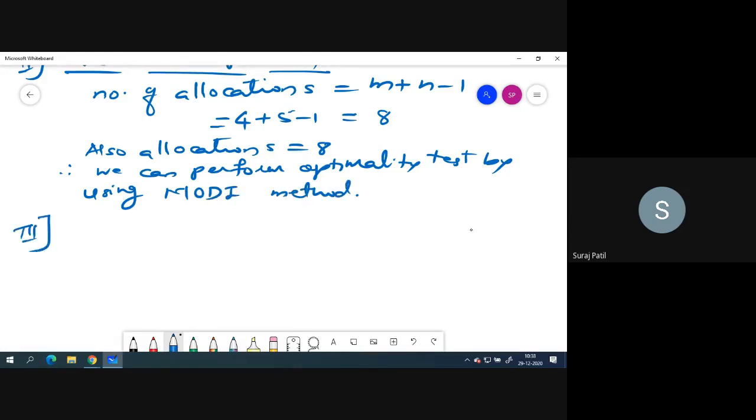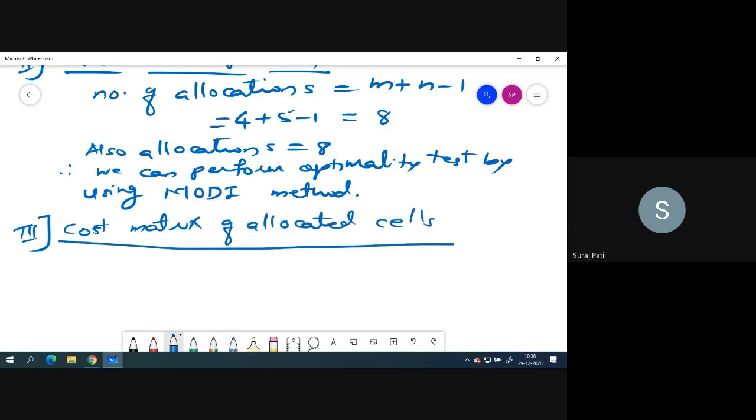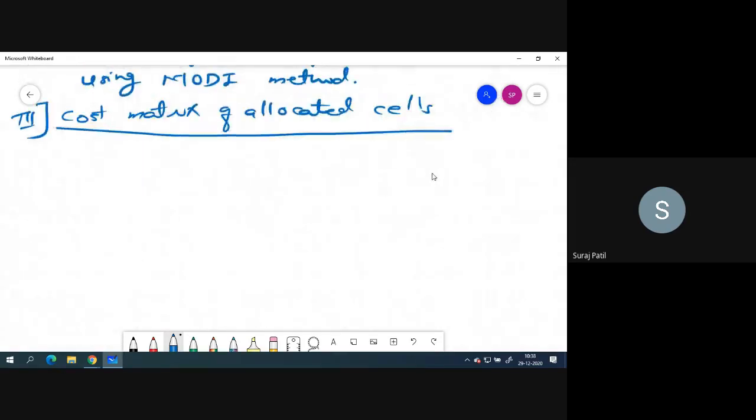The first step in that is the cost matrix of allocated cells. I'll just write that.